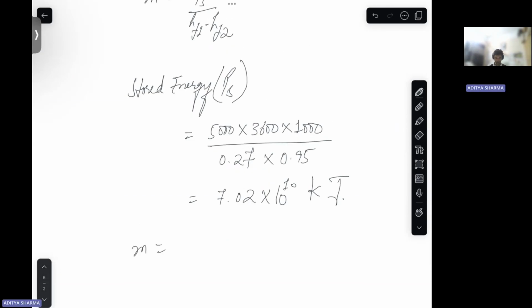Then you find out mass of water equals to 7.02 into 10 raised to power 10 divided by 908.5 minus 504.8.